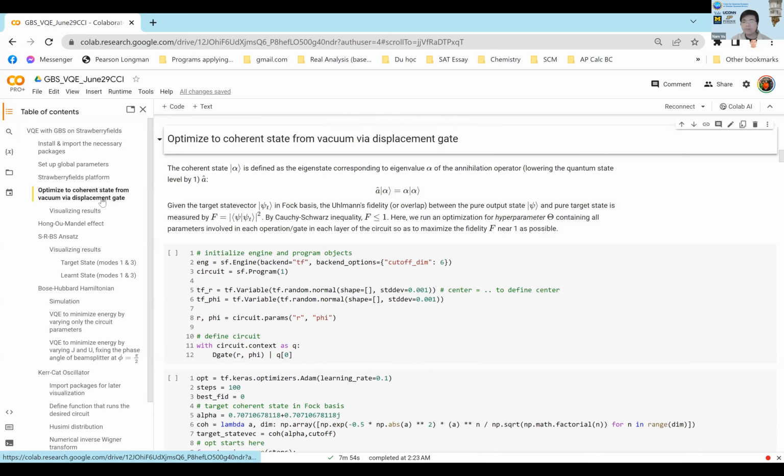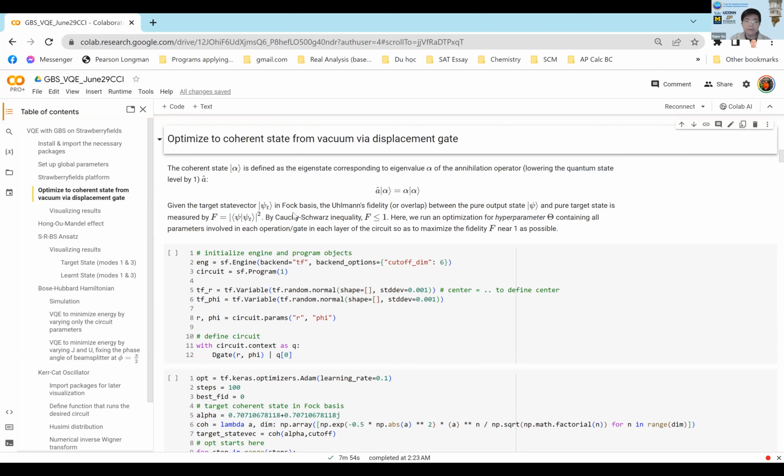To confirm that we can actually do optimizations, let's start with an example where we already know the results and see if it works well. First I'm going to restate the fact that when you apply a displacement gate, which has a complex parameter, let's say alpha, onto a vacuum state, you can prepare a coherent state associated with alpha.